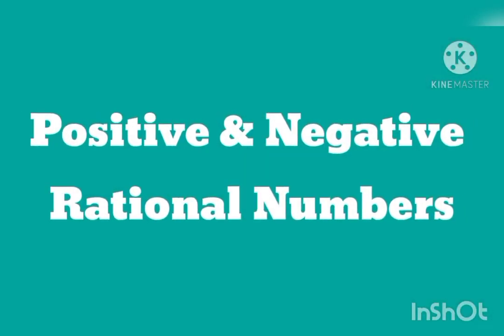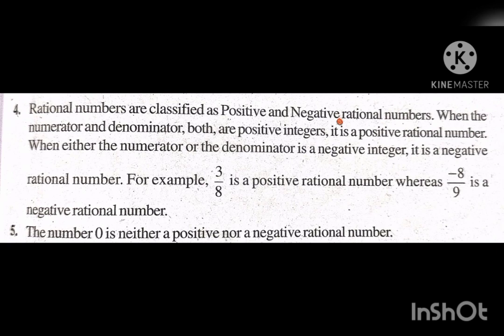Okay. Positive and negative rational numbers. Rational numbers are classified as positive and negative rational numbers. When the numerator and denominator both are positive integers, it is a positive rational number. When either the numerator or the denominator is a negative integer, it is a negative rational number.